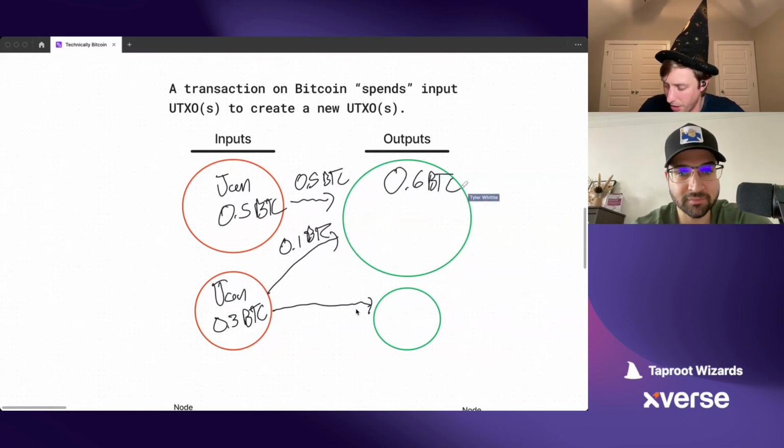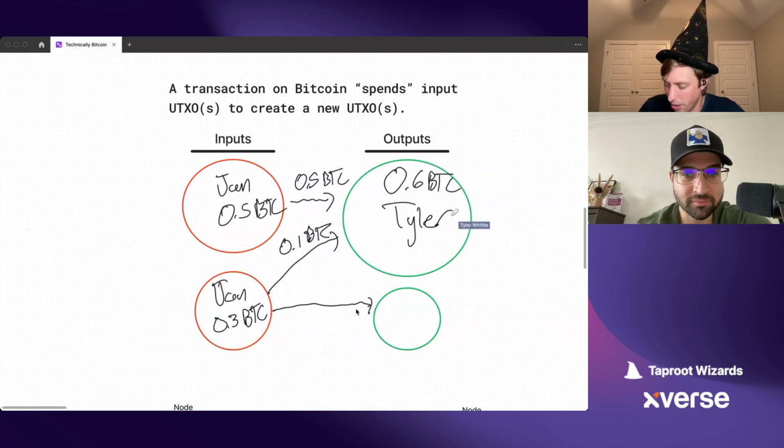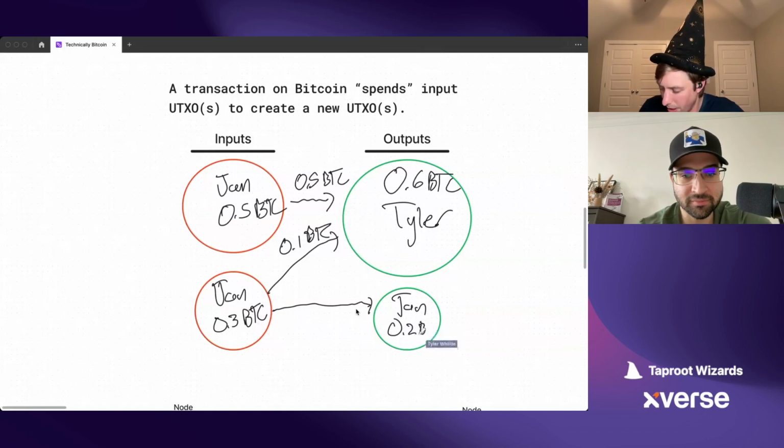And that's going to be 0.6 BTC. And this is what is now going to be owned by me. And then you're going to say, hey, take the rest of that and give it back to me. So now we're going to have this new output where, Jan, you own a new UTXO that has 0.2 BTC on it.